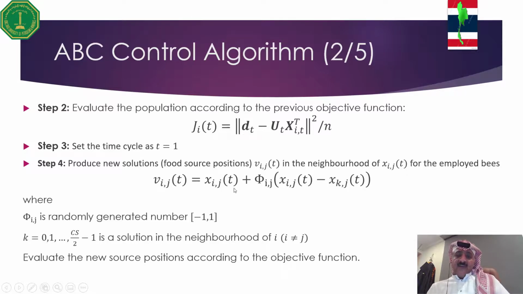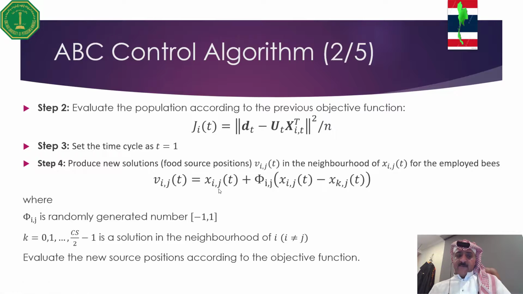So we have Xij, we plug it here, and we will have another, Vij. This one is a randomly generated number from -1 up to 1. And we proceed. But remember, i is not equal to j here.